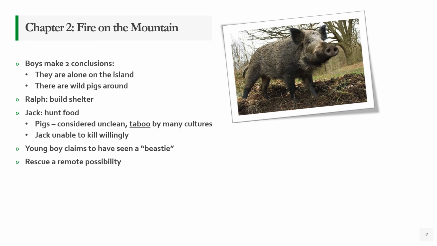And one young boy speaks up, one of the littler kids, and says that he has seen a quote-unquote beastie on the island. And by beastie, we mean monster. He describes this monster as being some kind of snake-like creature that he has seen nearby.